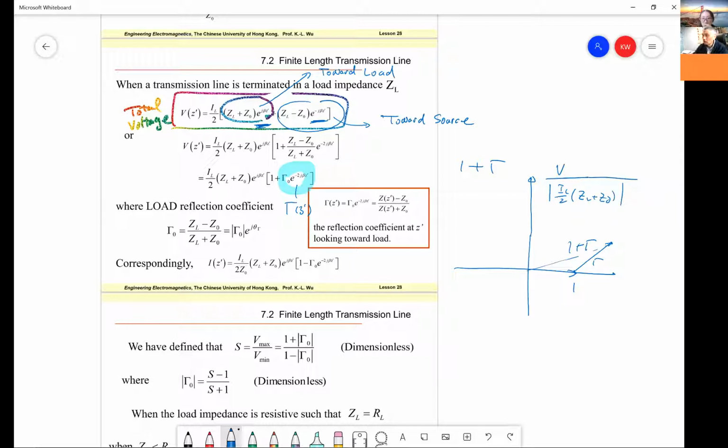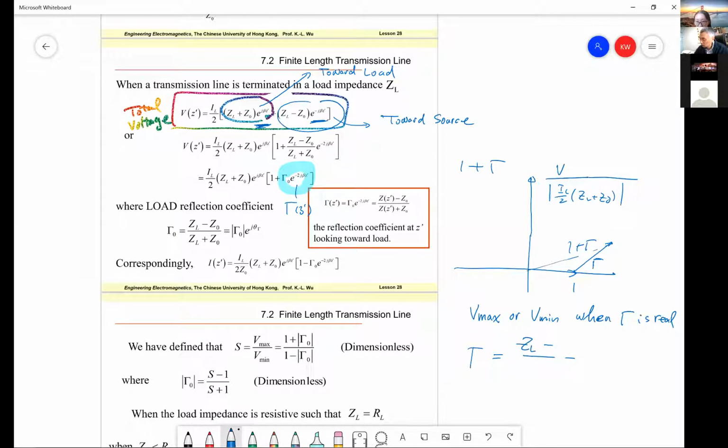The voltage reaches a maximum or minimum when 1 plus gamma is real. At what time is gamma real? Gamma is determined by the load.